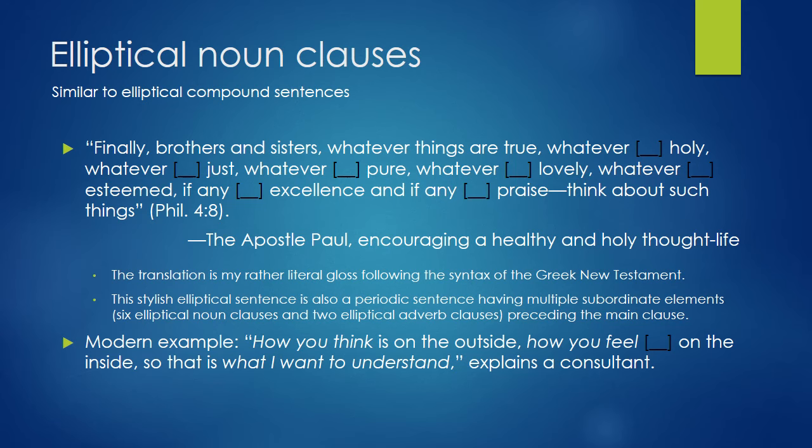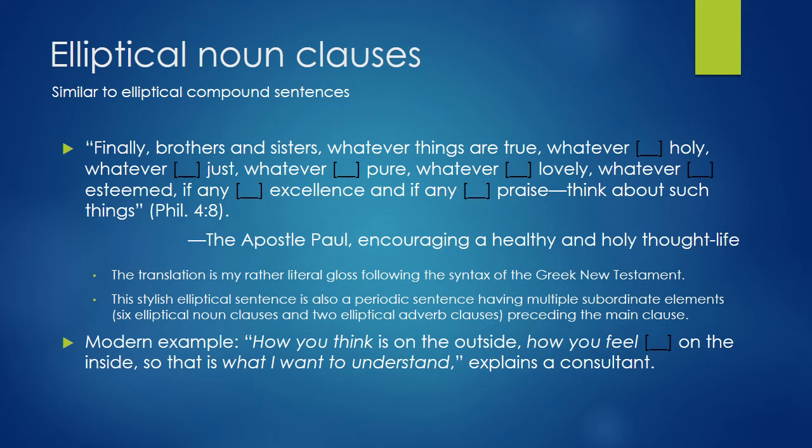And what is explicit in the main clause, or in the first noun clause, whatever things are true, okay? Things are is what is implied in each of the subsequent noun clauses.